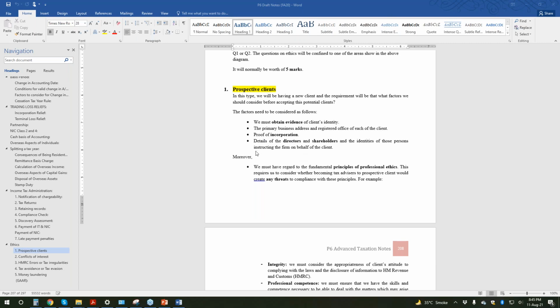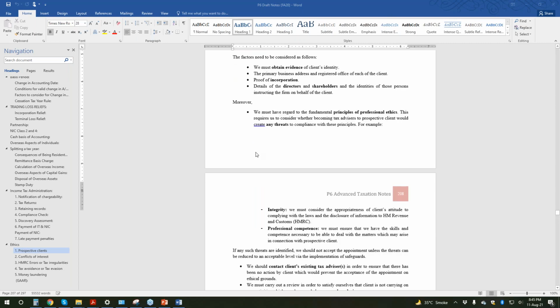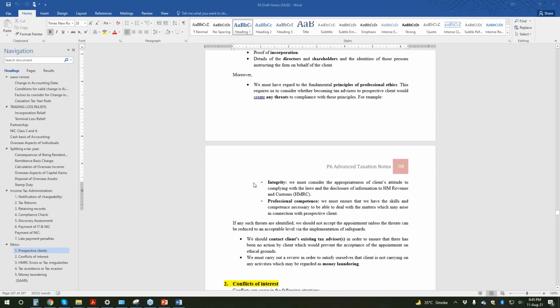Moreover, we have to make sure that by accepting this engagement, it will not pose any threat to our ethical stances. The ethical principles you have well read in your papers, especially audit, will apply here: objectivity, integrity, professional competence and due care.